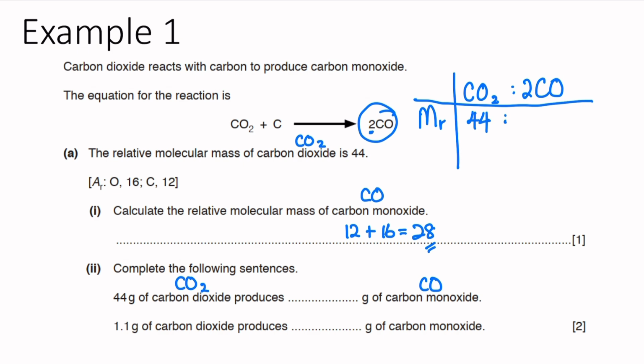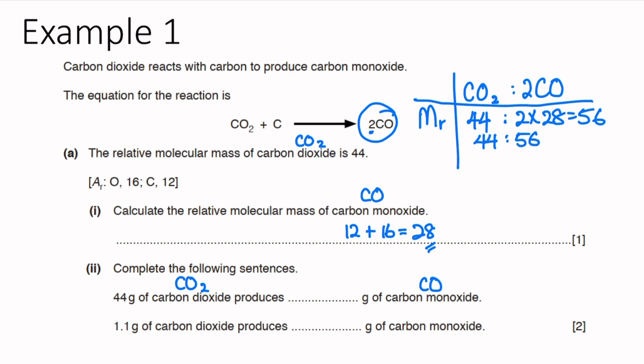Next, carbon monoxide. Where's our relative molecular mass for carbon monoxide? So for carbon monoxide, the CO is only 28. Since we have 2 CO, it means we have to multiply by 2. 2 times 28 gives you 56. Okay, so actually the ratio is 44 to 56.